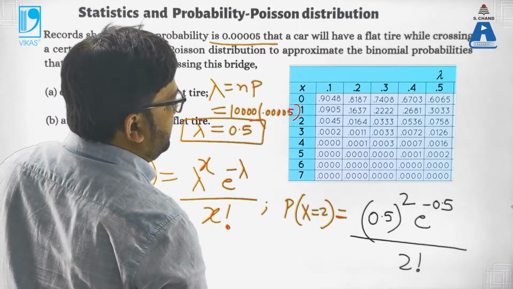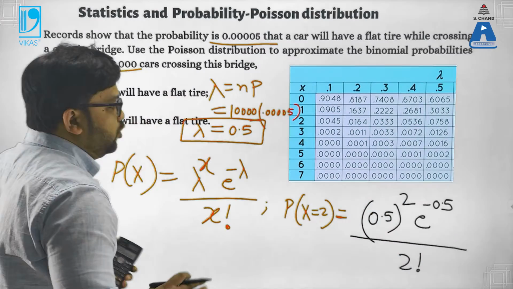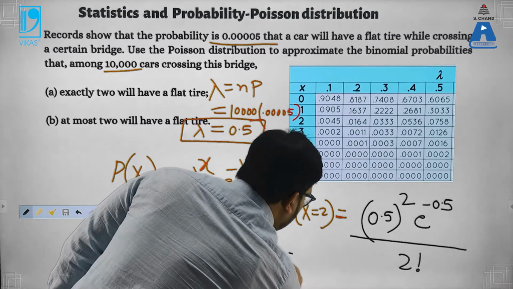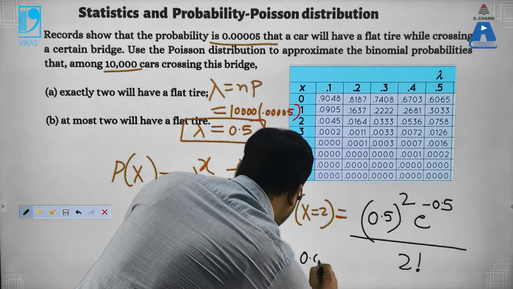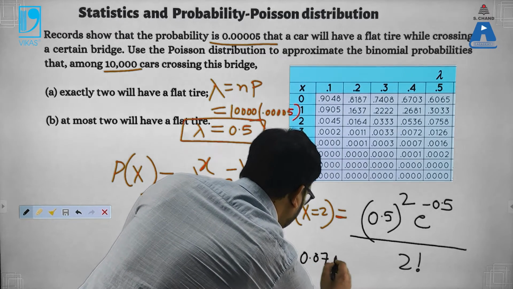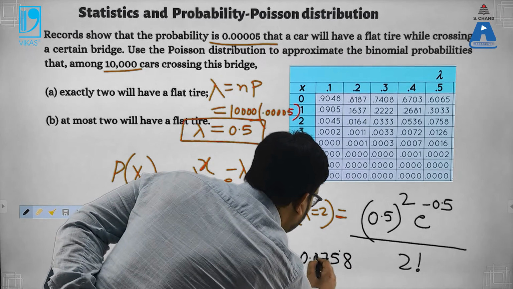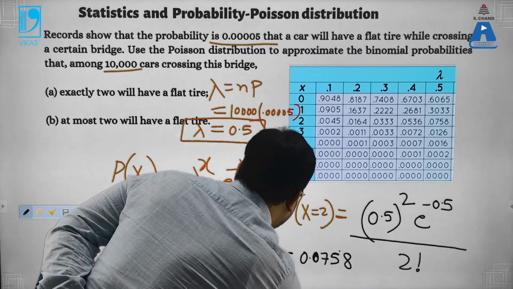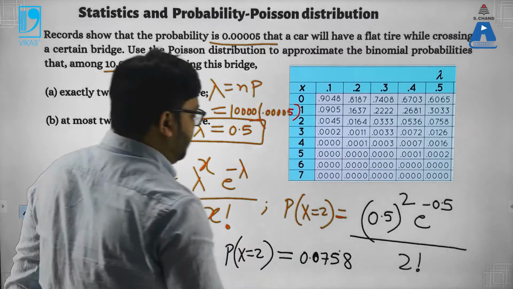Obviously again you have to use a calculator to find this out. So this value when you find it comes out to be 0.0758 if I write exactly. This is P(x = 2).